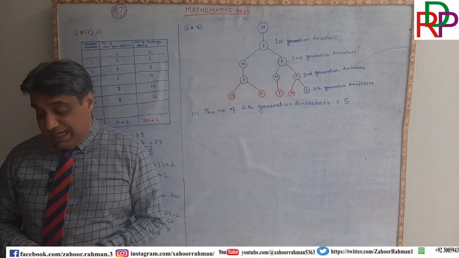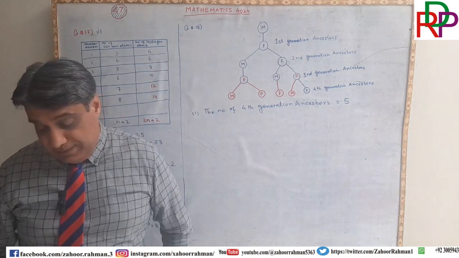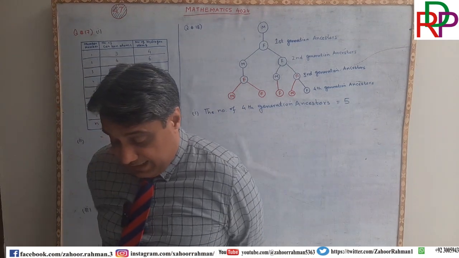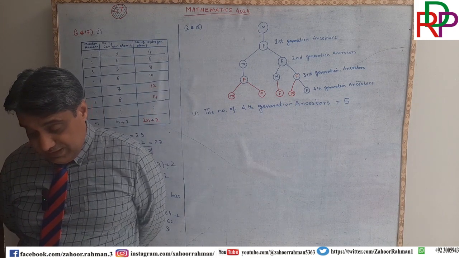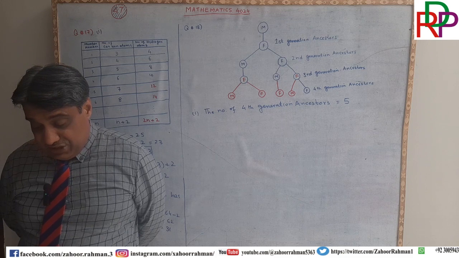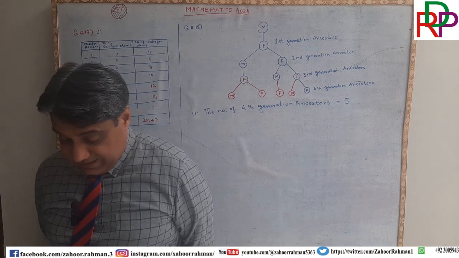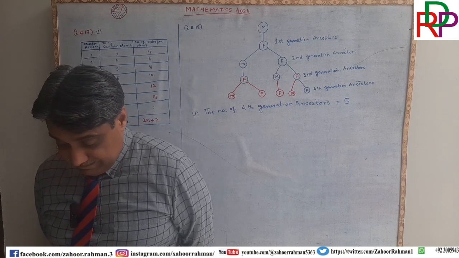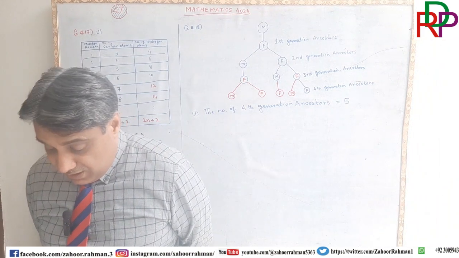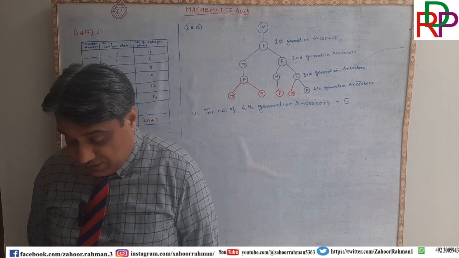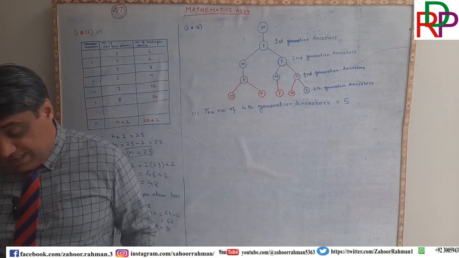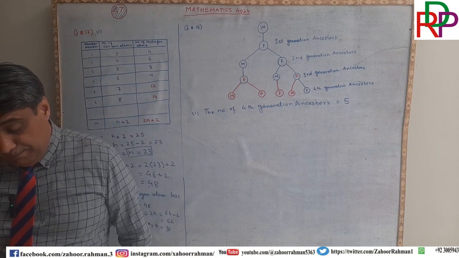So now let us go to the second part, the number in the nth generation ancestors. The nth generation of ancestors forms a sequence with an interesting pattern.